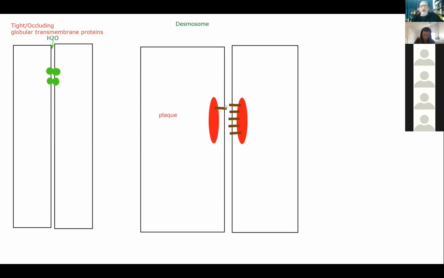And they occur on both sides. Now, there are several of these types of transmembrane proteins, but the most common of these is one known as cadherin.